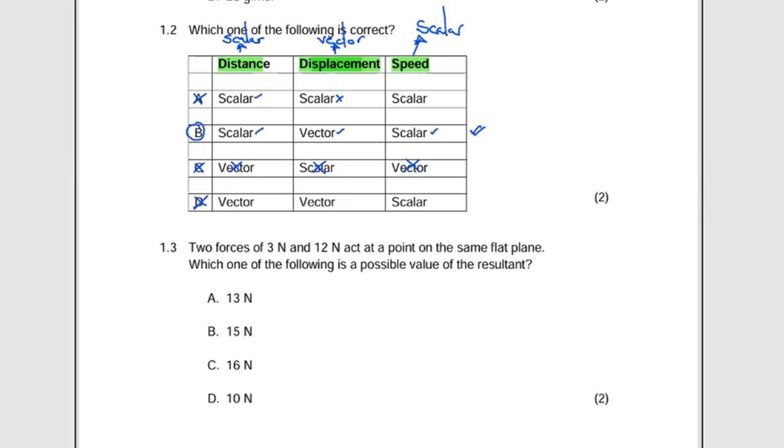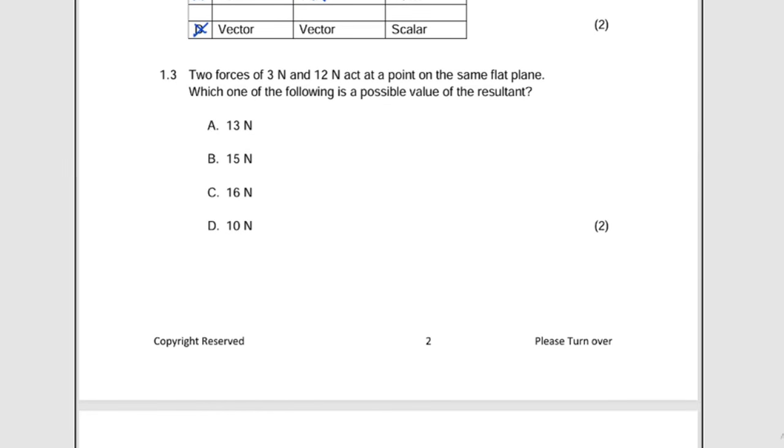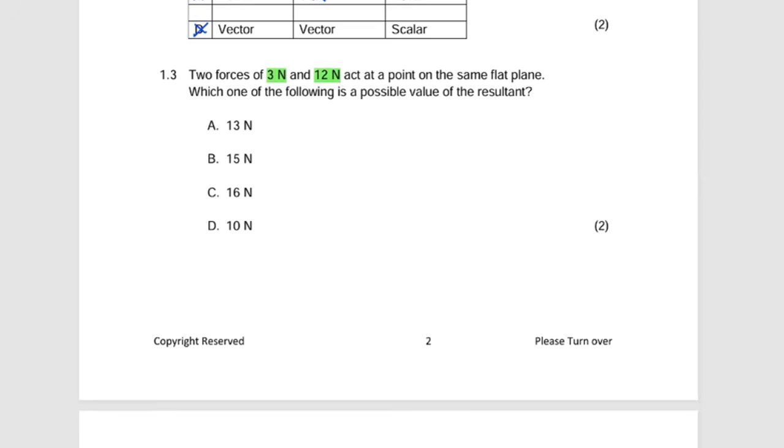Then we proceed to 1.3. 1.3 reads: two forces of 3 newtons and 12 newtons act at a point on the same flat plane. Which one of the following is a possible value of the resultant?